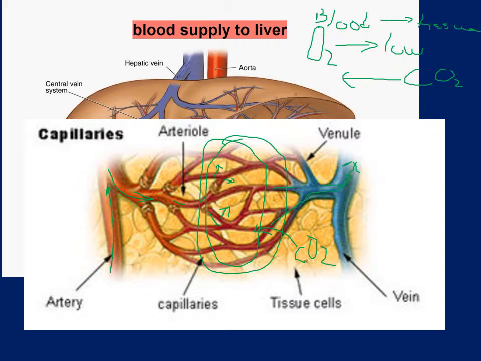They need lots and lots of oxygen, and that's where the blood picks up carbon dioxide because the blood just does not have lots of carbon dioxide in it, so it's going to diffuse over to the blood to be taken back.